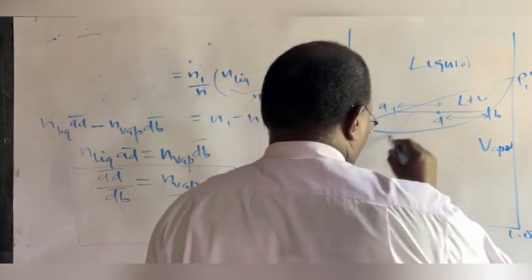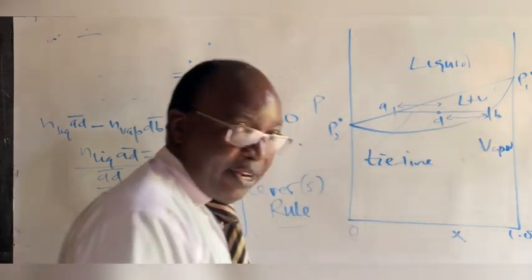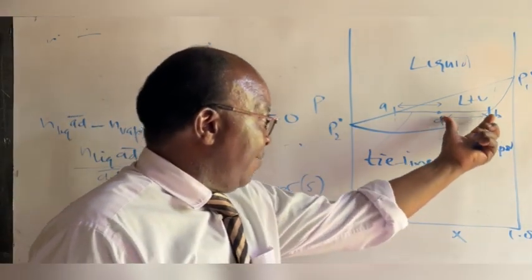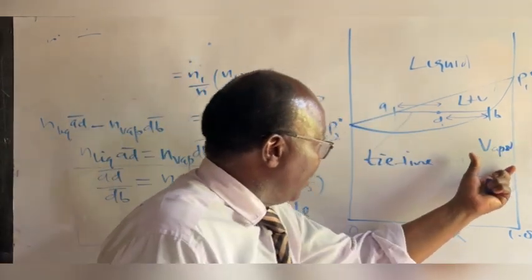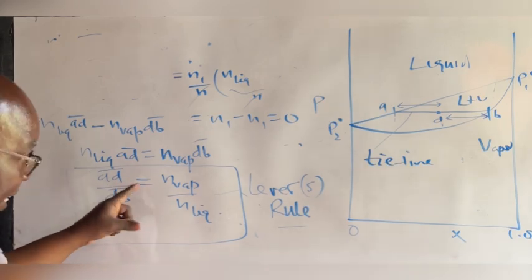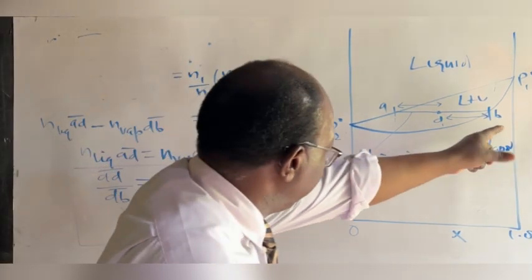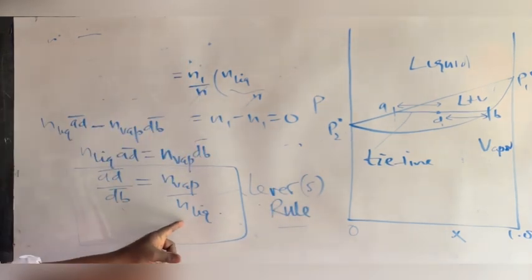Once you have drawn the tie line, this segment represents that phase. AD represents the vapor phase. DB, liquid phase.